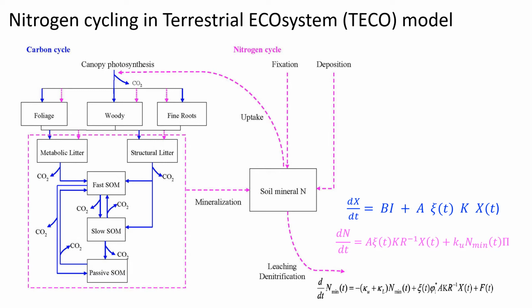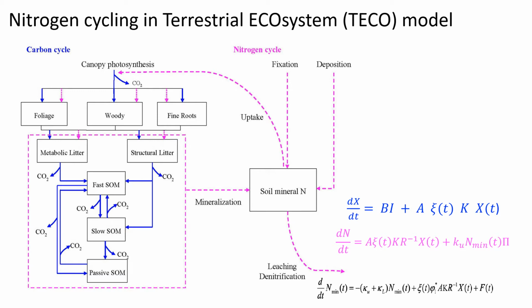Similar to carbon, the nitrogen processes can be described by the pink equation. The dynamic of the mineral nitrogen pool is determined by the balance between nitrogen input and output through plant uptake and nitrogen loss, which can be expressed by the third equation, where the first term is the rates of nitrogen uptake and loss.